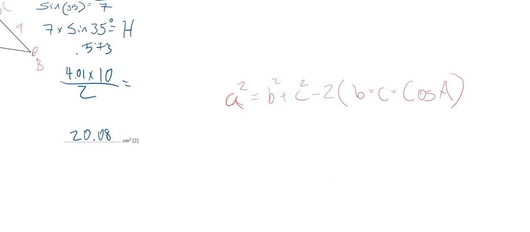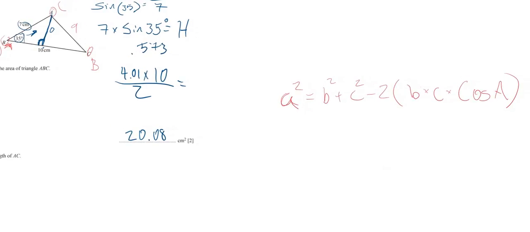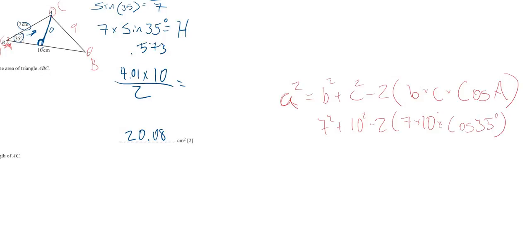Now we just fill in our numbers. So we had 7 squared plus 10 squared, minus 2 times 7 times 10 times the cosine of 35 degrees. Cosine of 35 is 0.82.